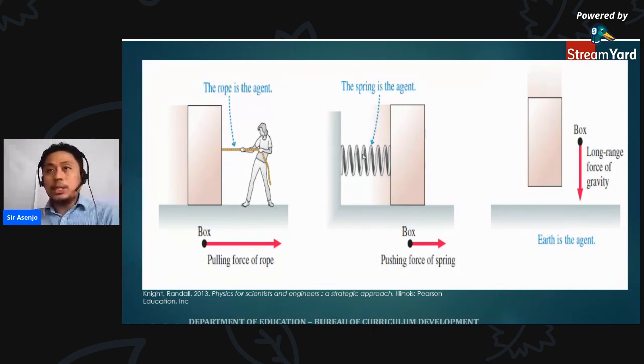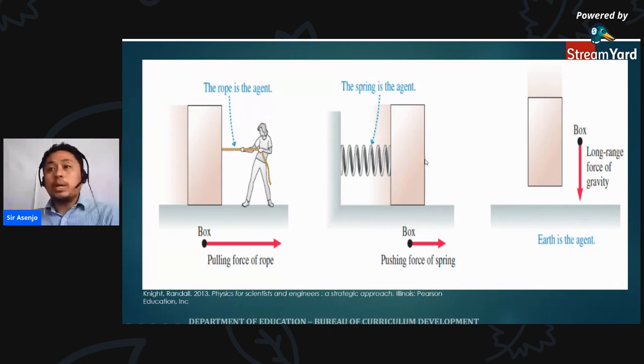Let's have the second example. You have the box and the spring, okay, the box again represented by the dot, and then the pushing force of the spring represented by the arrow. The spring is the agent of this force. The direction is going to the right because the spring will push the box to the right.